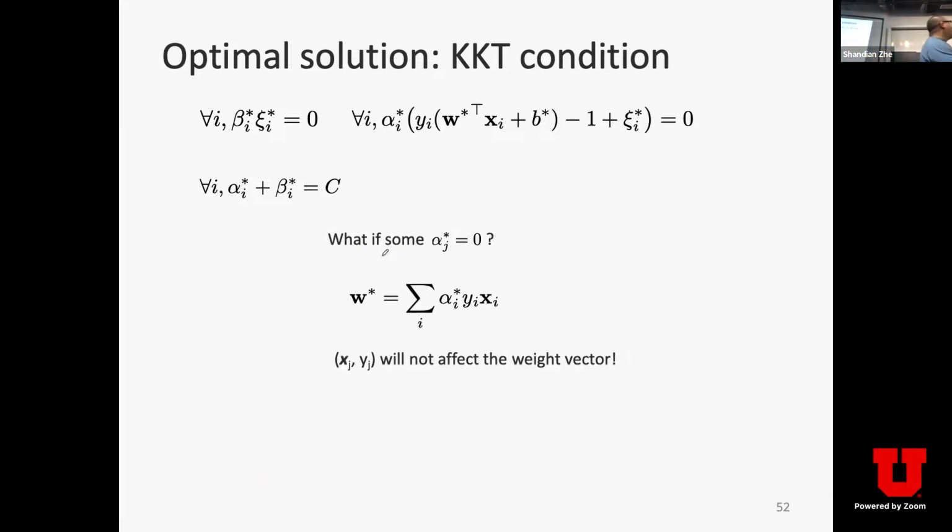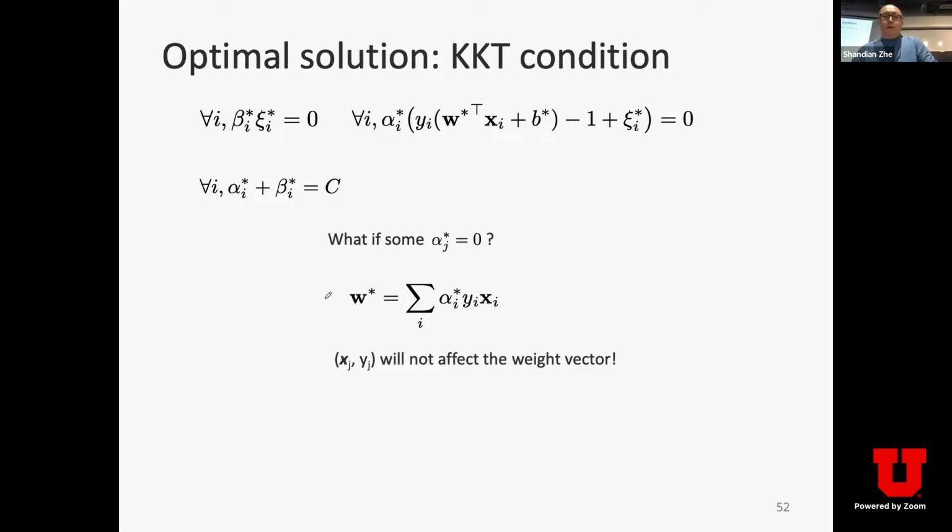So now let's go back to the structure of w star. From the dual form, we know that when we solve the alpha_j's, we can obtain the optimal weight vector as the weighted summation of all the training examples, where each training example is weighted by its alpha_i. Then what if some alpha_j's are simply 0? If one alpha_j is simply 0, that means the corresponding input vector or training example doesn't have any effect on the optimal weight vector.